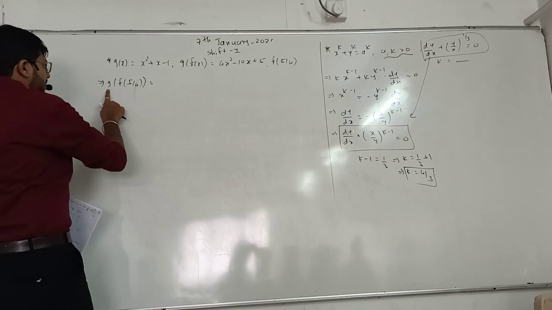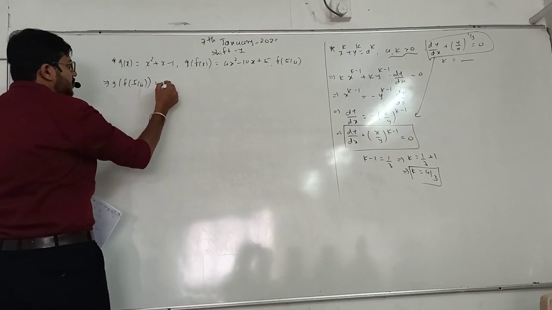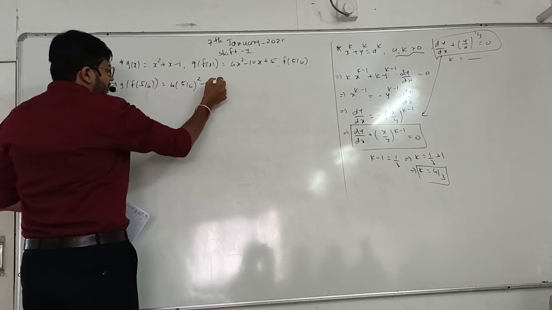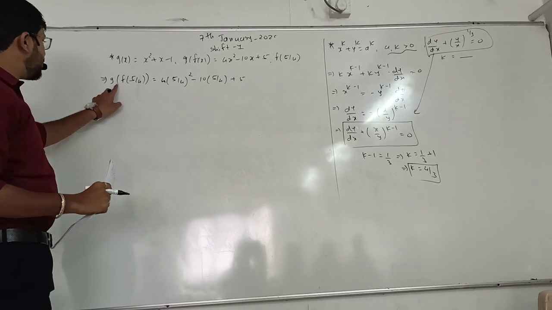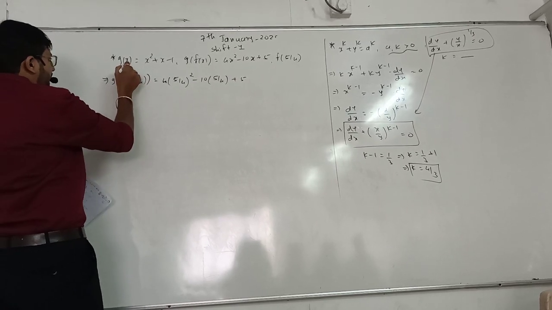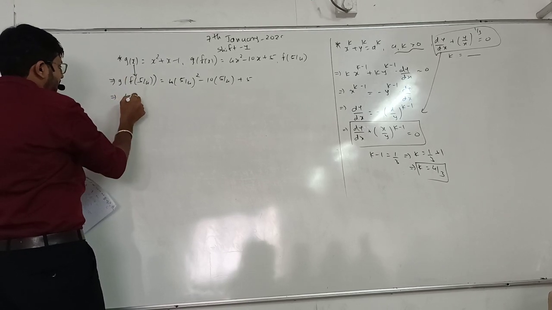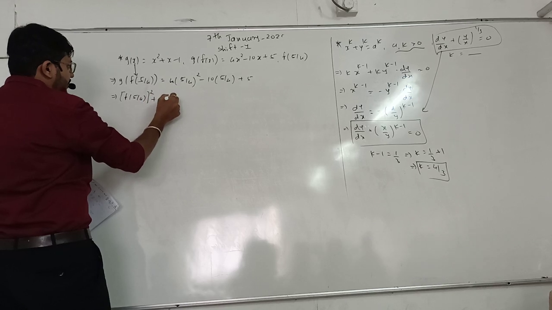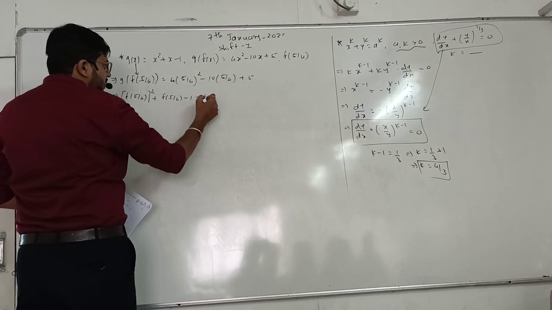If I put directly 5 by 4, so g of f of 5 by 4, that means in this function, instead of x, I have to put 5 by 4, so 4 times (5 by 4) square minus 10 times 5 by 4 plus 5. And g of f(5/4) is what? Just put x as f of 5 by 4. So on the left side, we'll get f(5/4) whole square plus f(5/4) minus 1 equals, let's find out the simplification.